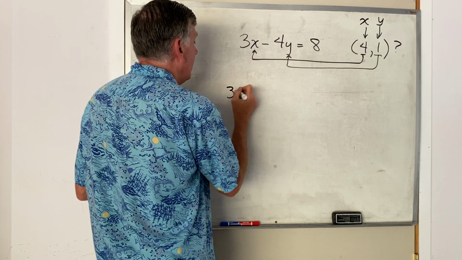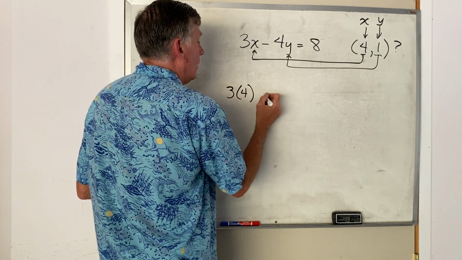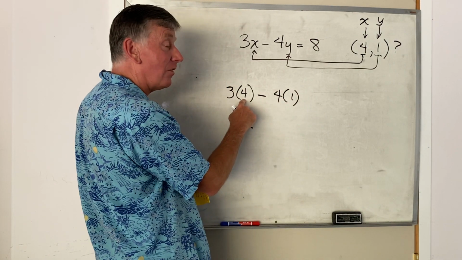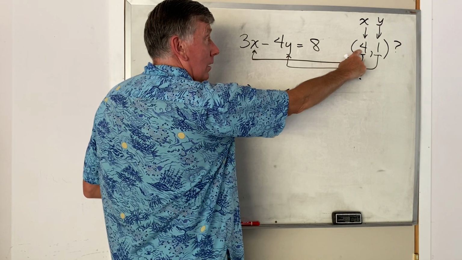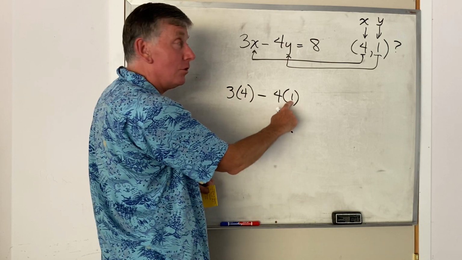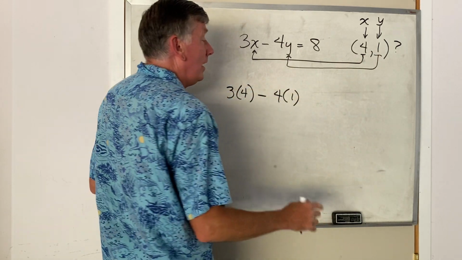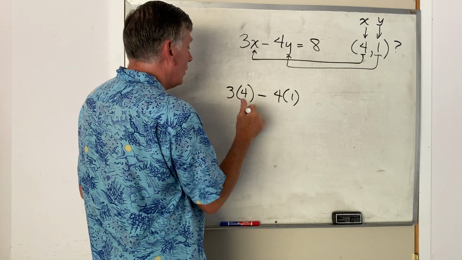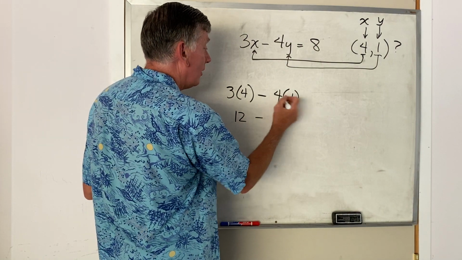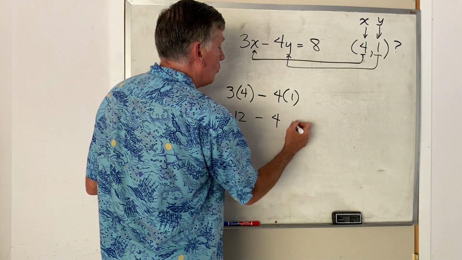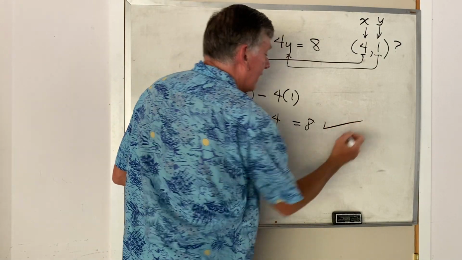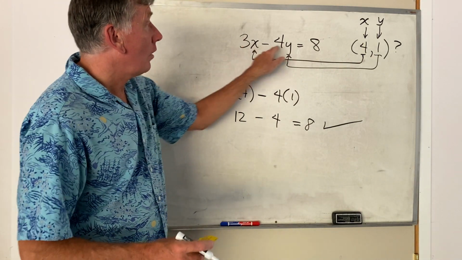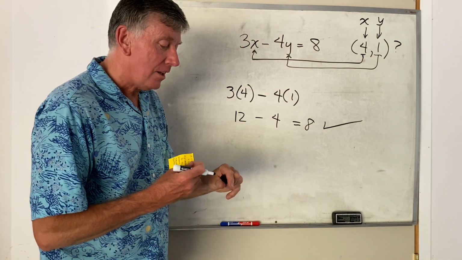Well, 3 times 4 minus 4 times 1. There's my x value, 4, and there's my y value, 1, and don't get them mixed up, x always comes first. 3 times 4 is 12, minus 4 times 1 is 4, 12 minus 4 is 8. Yes, this point (4, 1) is on the graph of this equation.